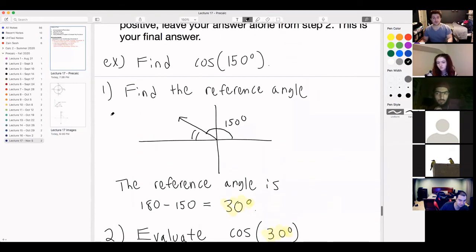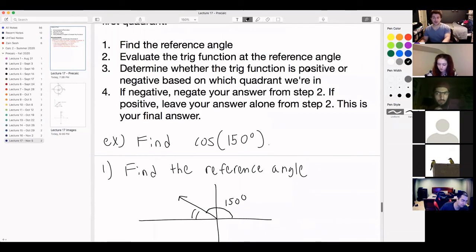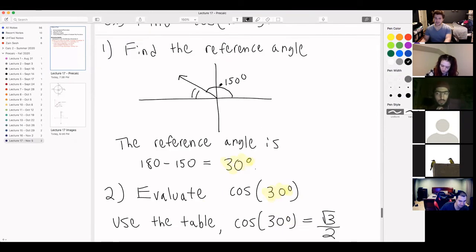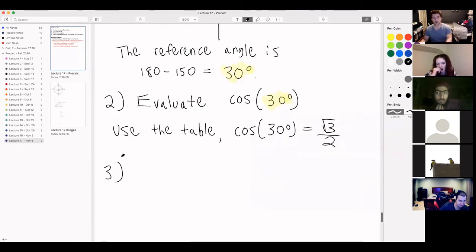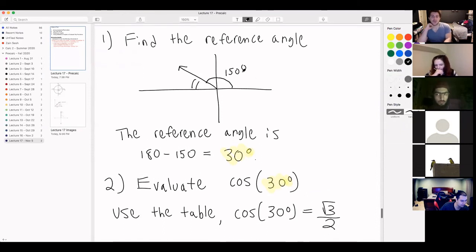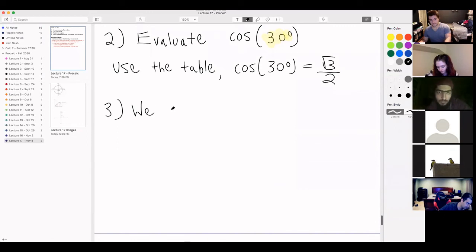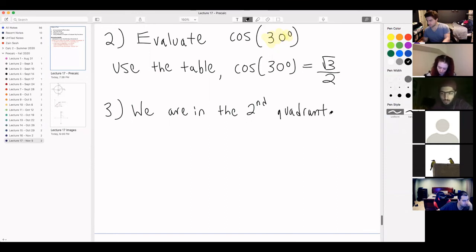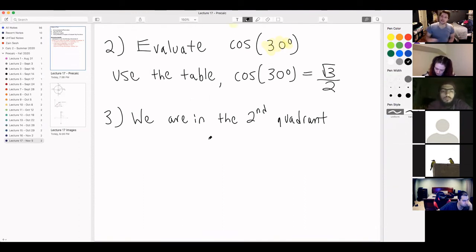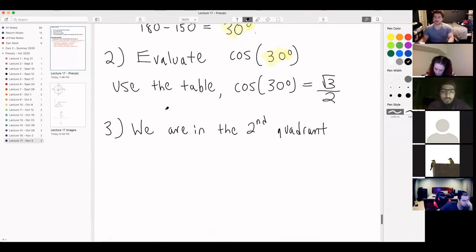Okay, now step 3. Determine whether the trig function is positive or negative based on which quadrant we're in. Okay, what quadrant are we in, folks? We are in the second quadrant. Now, what's our trig function in question?